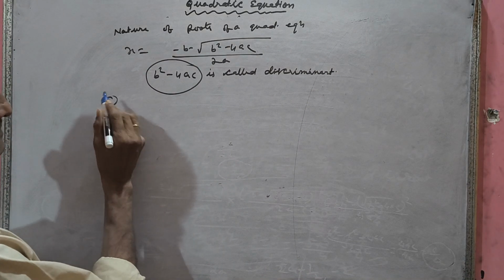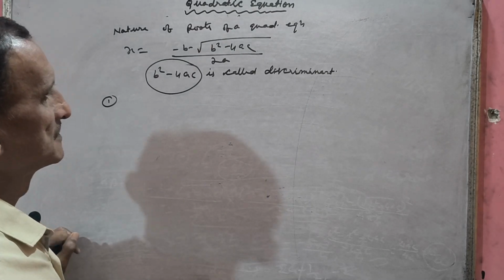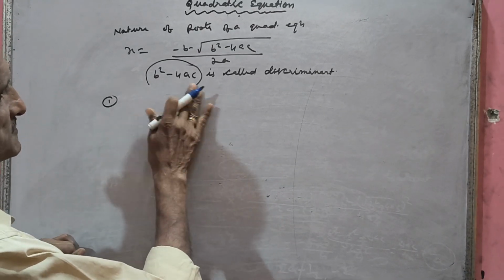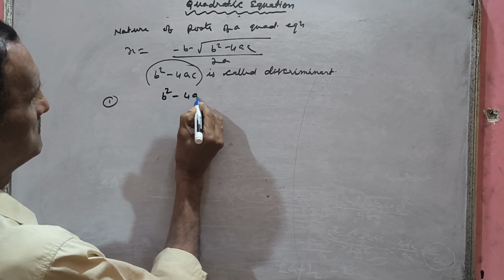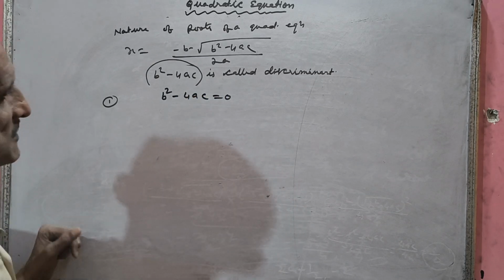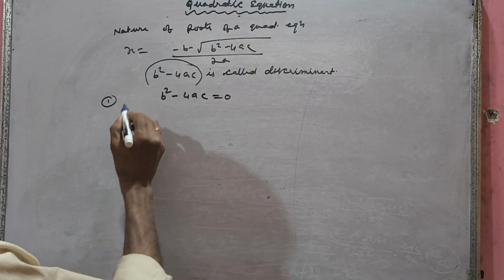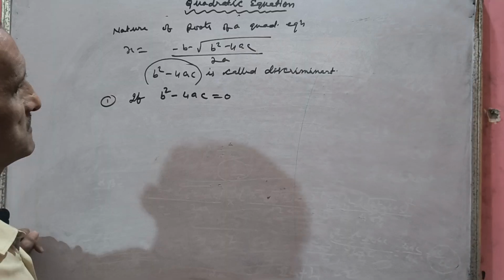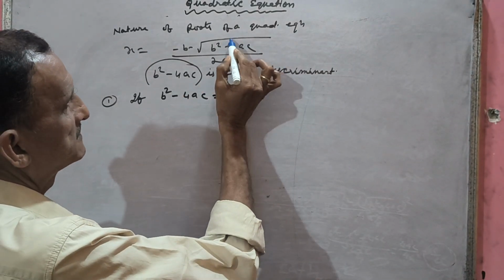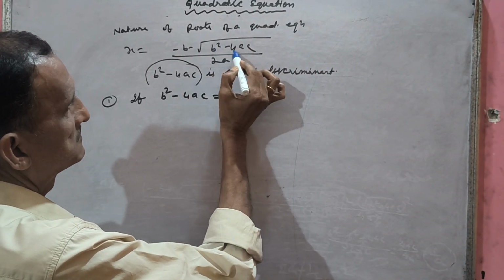Now there are two conditions. First condition, take it: if b square minus 4ac is equal to 0, what will happen? This will become 0.